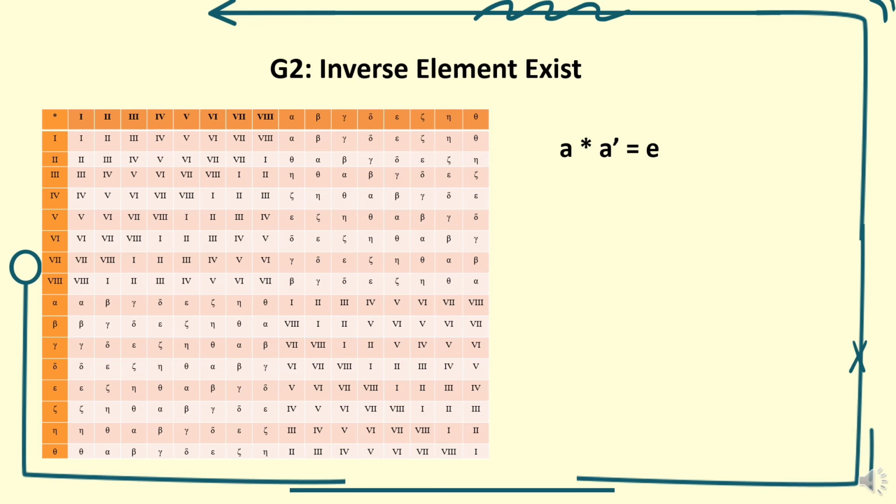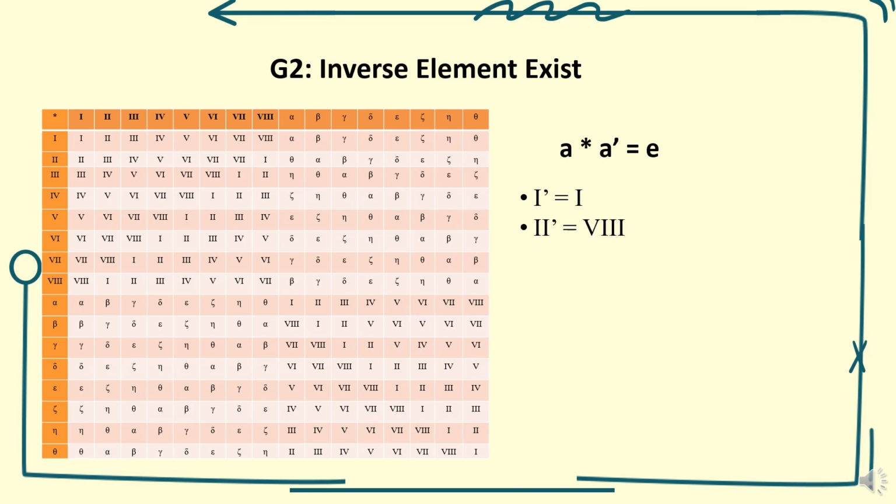So we compare one to another. The inverse element of 1 is 1 because the outcome on the column of 1 is 1 if we base it on Roman numeral 1 as the identity element.